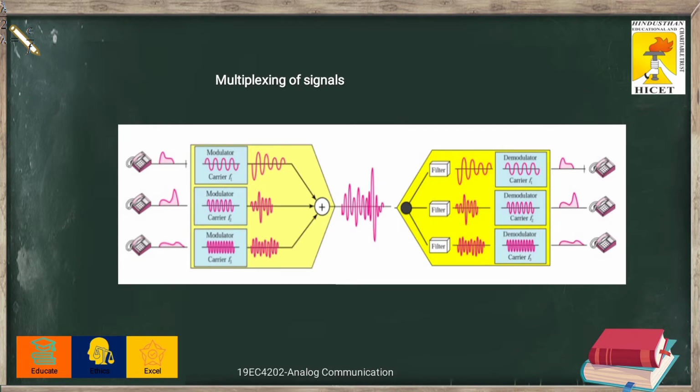So, all these three different frequency ranges are combined and sent through a common channel. And at the destination, the reverse of this process is done and the signals are demultiplexed and separated by the filter.